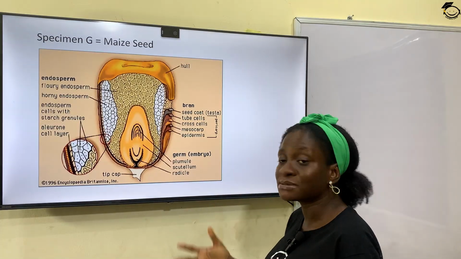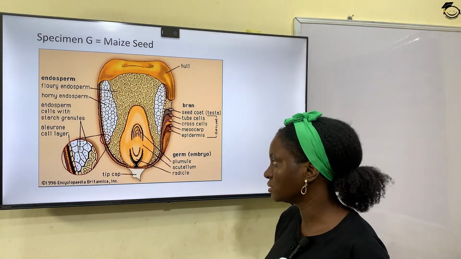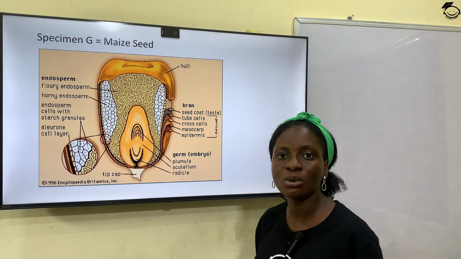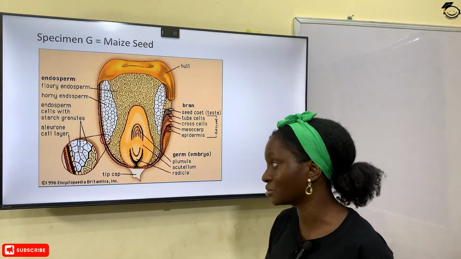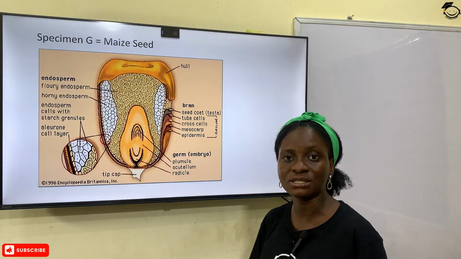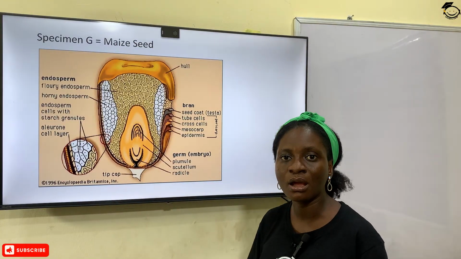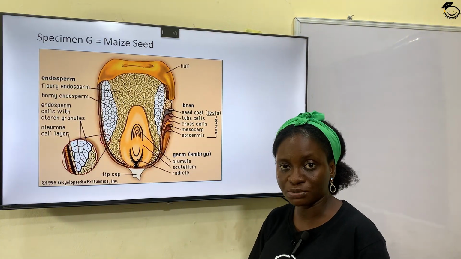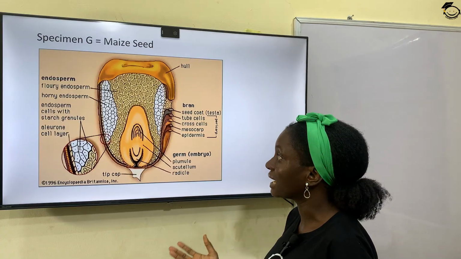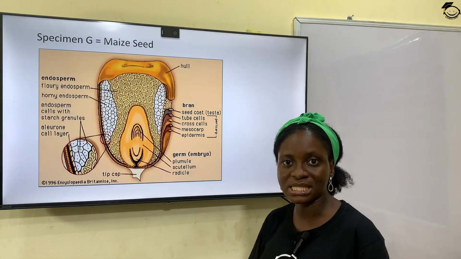It helps the seed to absorb nutrients. The radicle is the small root that later develop into a thicker root. The tip cap is responsible for water entry, oxygen absorption. So these are the different parts of a maize seed.